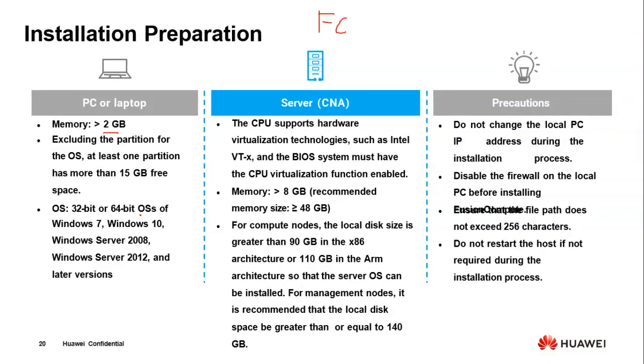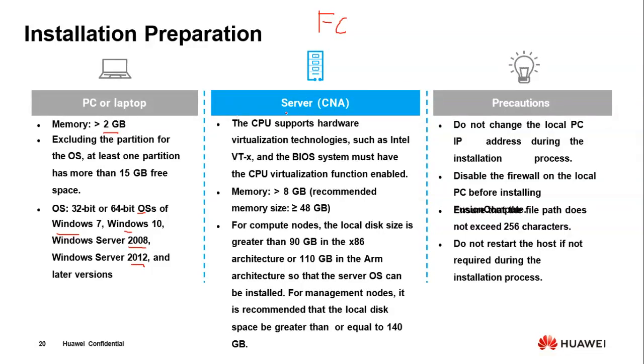Also you need to have an operating system, Windows 7, 10, 11, all these are okay. If it is a server, Windows Server 2008 will work, 2012 will work, or any latest version.